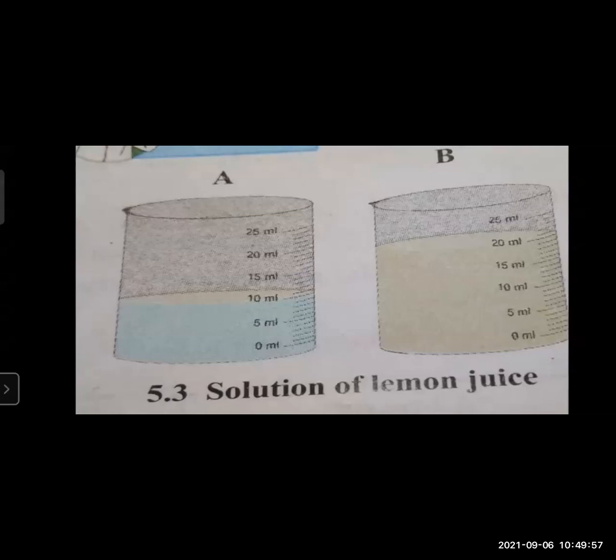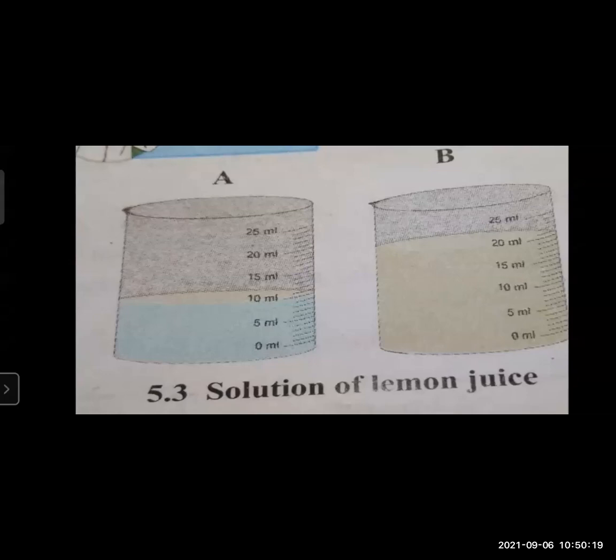It is made up of glass, and you could also see a scale over there: 0 ml, then 5 ml, then 10 ml, 15, 20, 25, likewise. Maximum it is up to 30, or at most up to 50. Both of them are the same, but the solution in them is different.